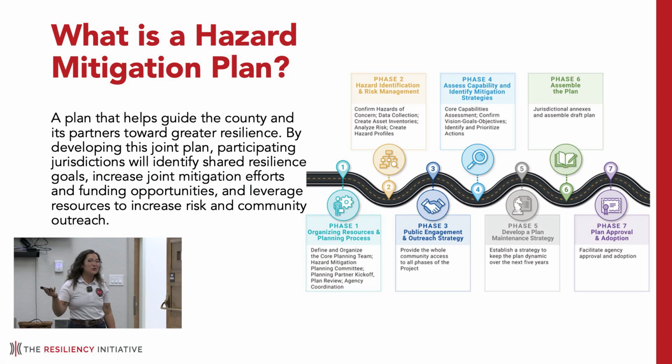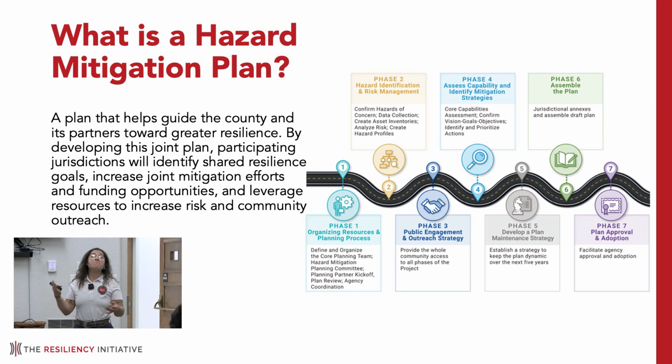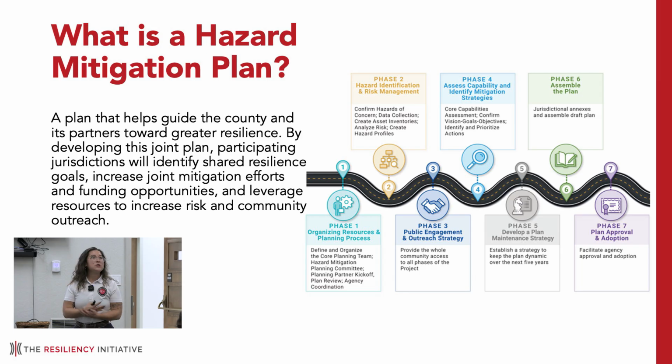So what is a hazard mitigation plan? A hazard mitigation plan is essentially, the short end of it, a way to get funding. The nitty-gritty of it is it's a way to prevent issues from arising during a disaster.